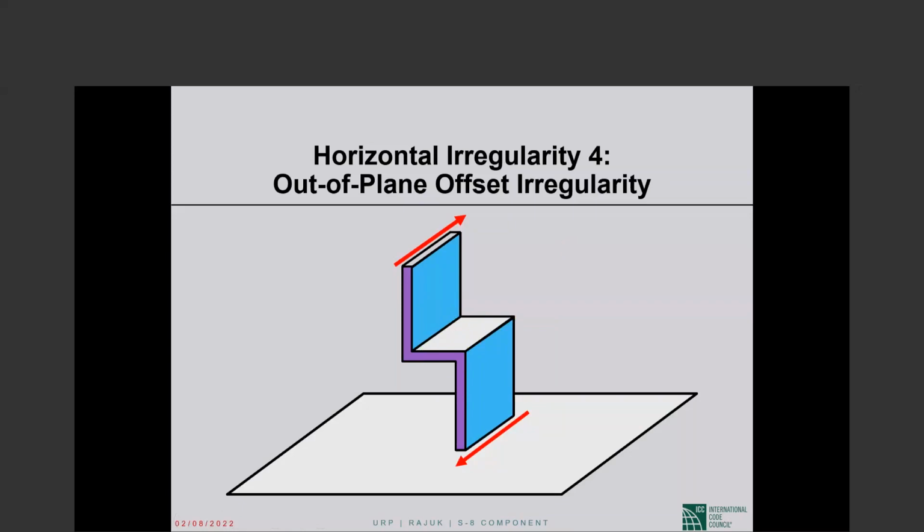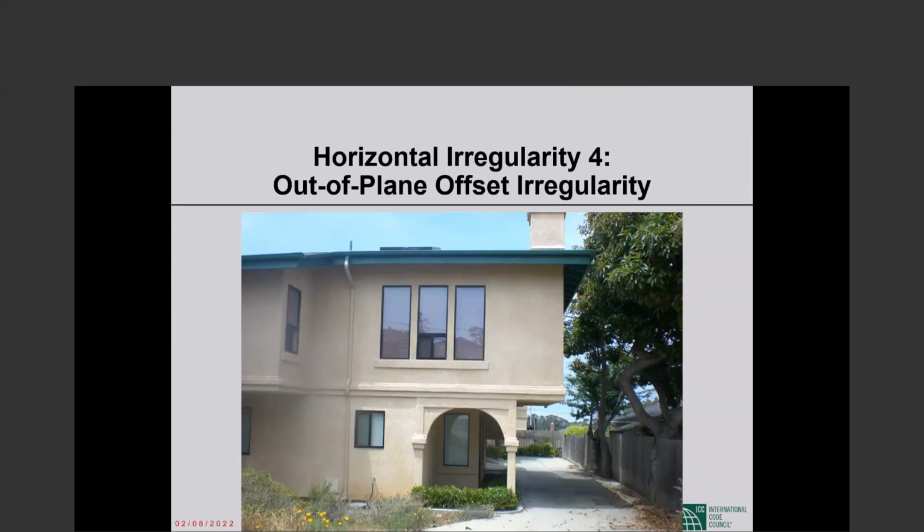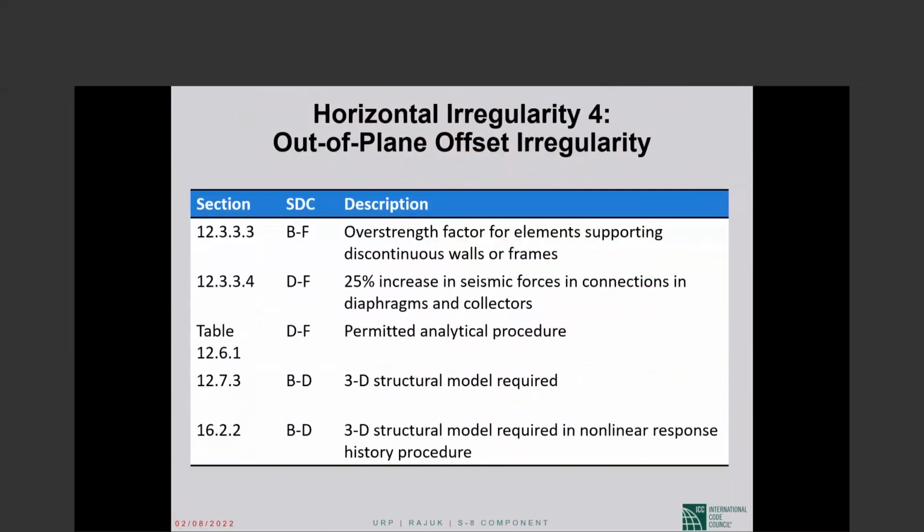But anyway, this is out of plane offset irregularity. This is a nice looking building where you have a very significant offset of the seismic force resisting system. This wall was coming down, and I don't even know where it is continuing along this line. So there is discontinuity in that shear wall.